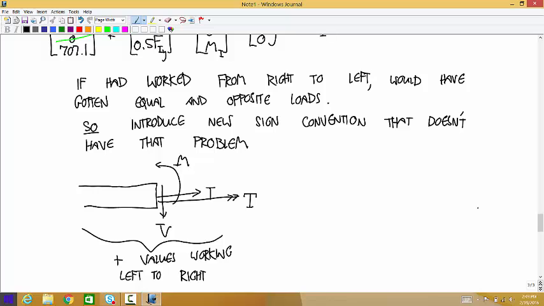And then if you're working right to left, it's all the opposite values. So a positive tension goes this way. A positive shear force goes this way. A positive bending moment goes this way. And a positive torsion goes that way.